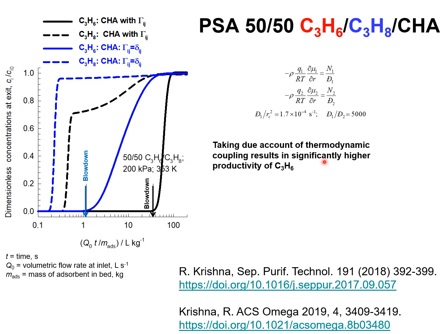Therefore, the important message that is to be drawn from this comparison is that for kinetic separations, it's vitally important to take account of thermodynamic coupling effects, because the net result is a higher productivity of the component that is recovered in the blowdown section.